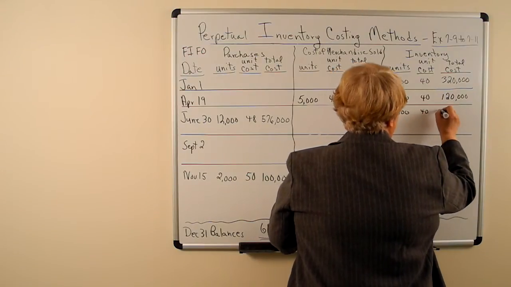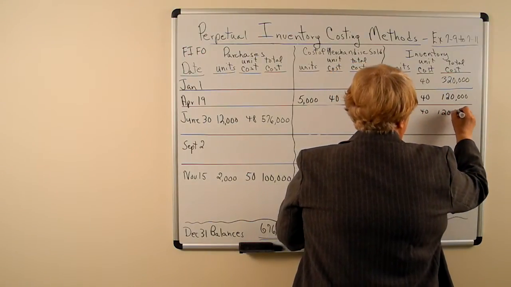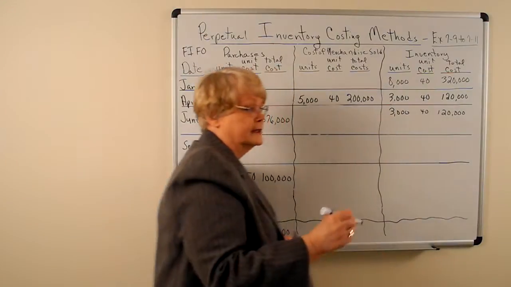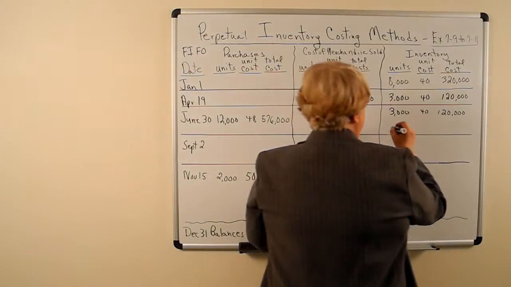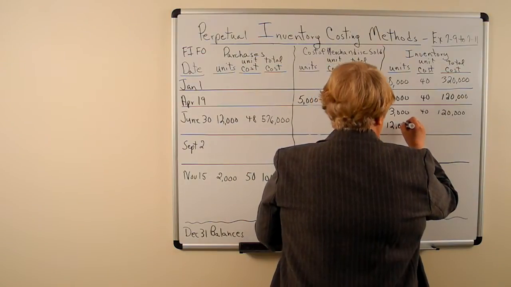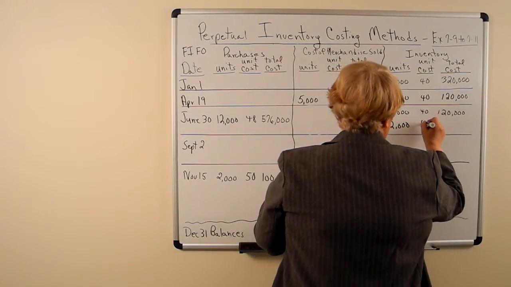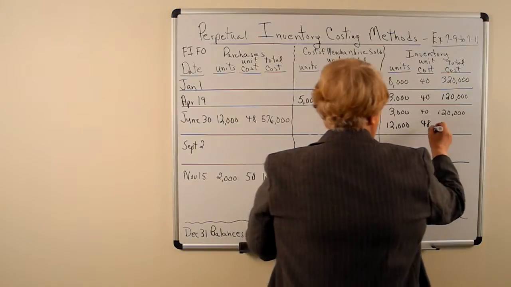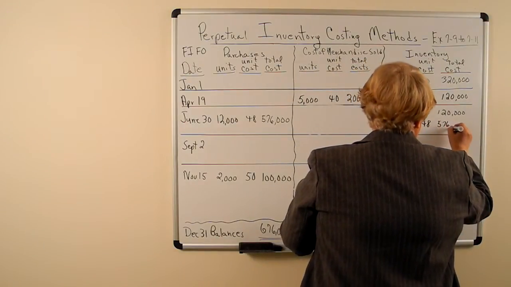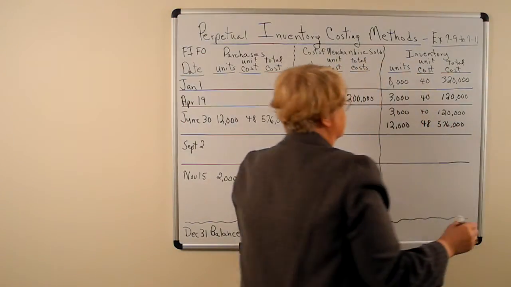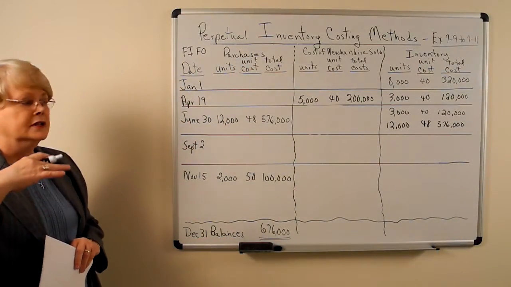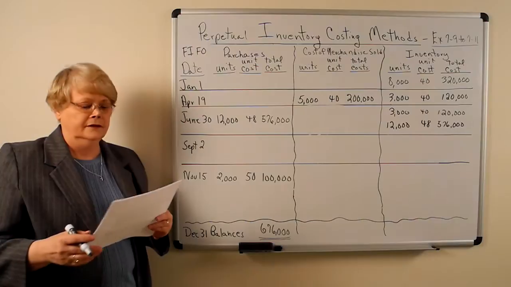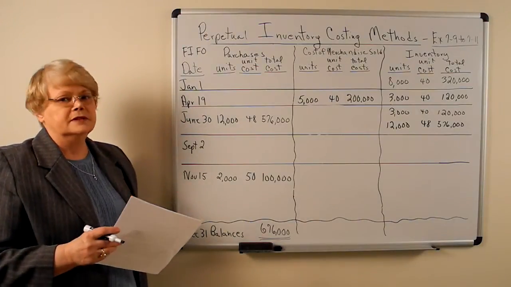If you don't, you will get in trouble, because somewhere along the line you'll mess up. Okay, and then to that we're going to add the 12,000 units, and that was at 48. So now we have two layers. We have one layer, 3,000 at 40 and 12,000 at 48.